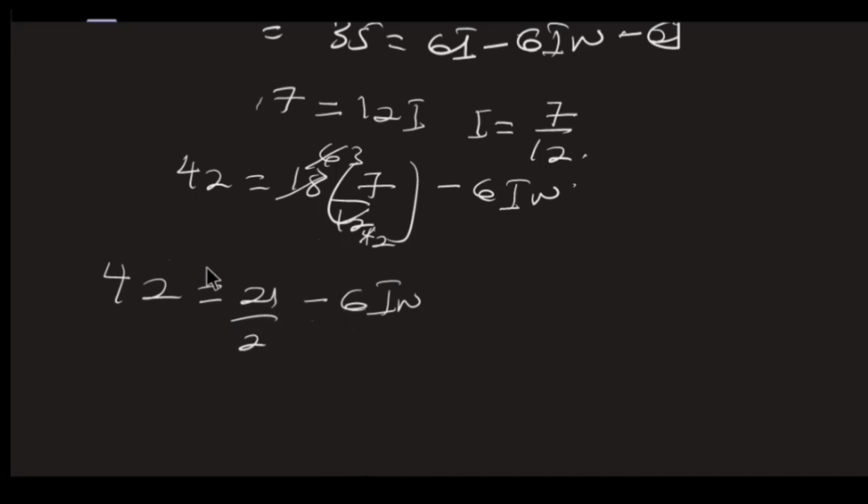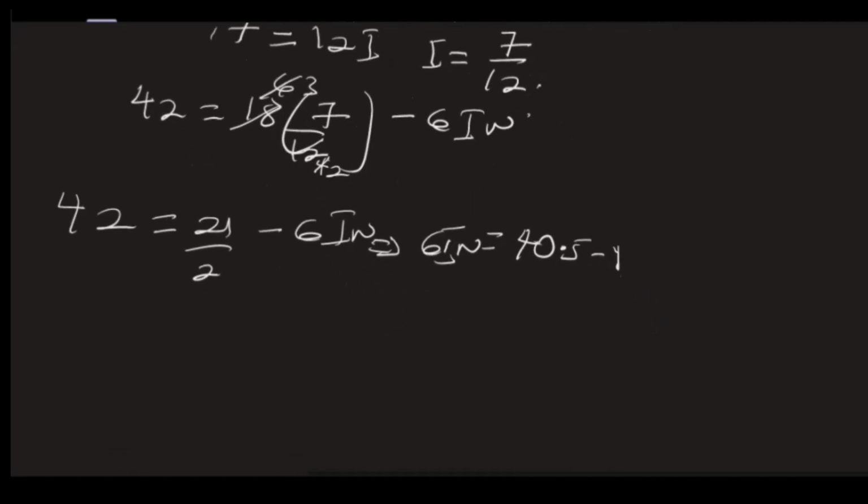So 6IN will go this side, then 42 will come. So 6IN will be equal to 21 over 2, that is 10.5, minus 42.